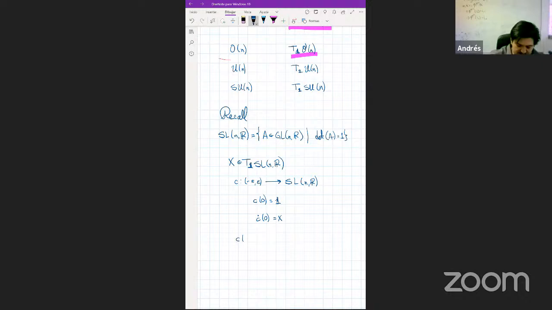Now, this is in here. That implies that the determinant of this n by n matrix equals 1, right? For all t.